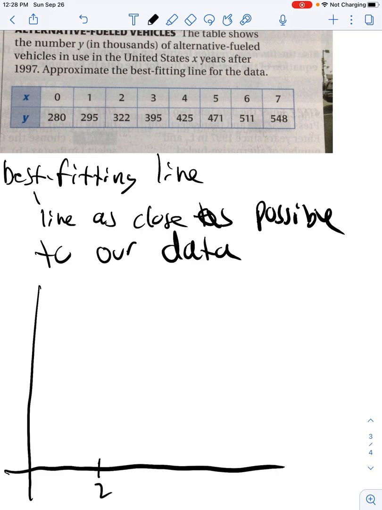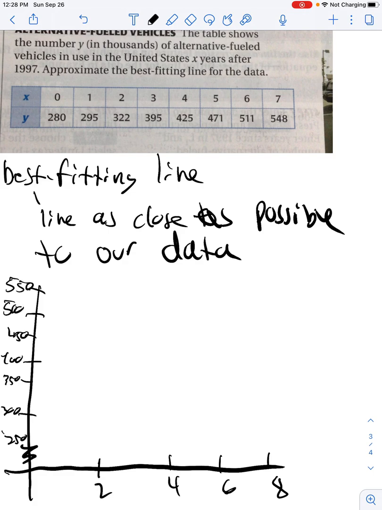I'm going to say that I've got 2, 4, 6, and 8. I'm going to skip some numbers: 250, 300, 350, 400, 450, 500, and then 550 at the top.